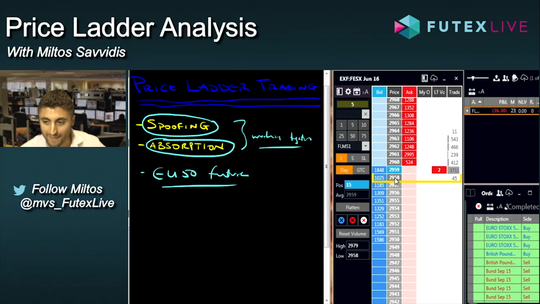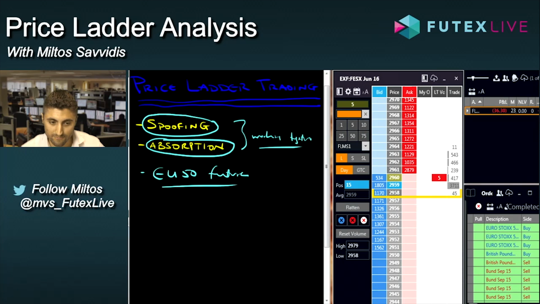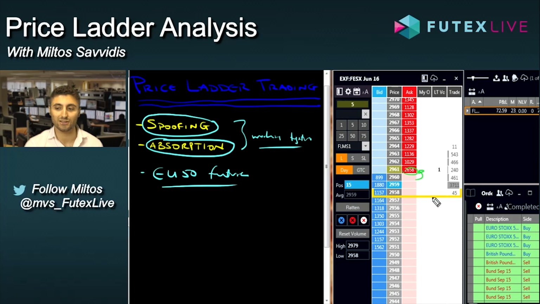Now notice that spoofer that was just at 60s and now moved up to 61s. That's already showing us that he doesn't actually have an integrity offer. He doesn't actually have an offer that he wants to get filled on. He's coming in at 60s. Someone's trying to use that liquidity and actually buy him. And then notice 8 lots, just 8 lots trade into 61s, and almost instantaneously he moves his offer up to 62s.